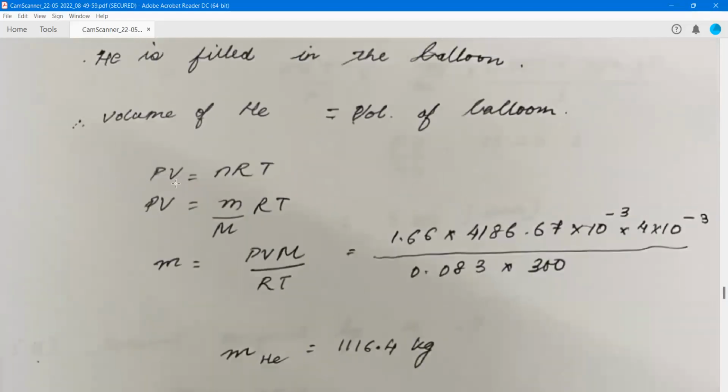You can easily calculate it by using the state equation, that is PV equals nRT, where you can substitute the number of moles by mass upon molecular weight. For helium, you know the molecular weight, right? It is 4. Also in this question, do not forget to convert everything into SI units. Here I have converted 4 gram into 4 kg. So that is how you do it.